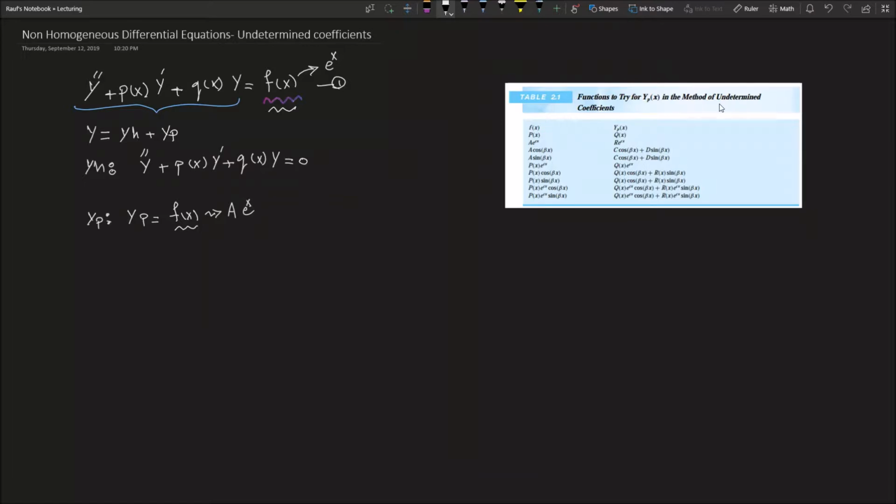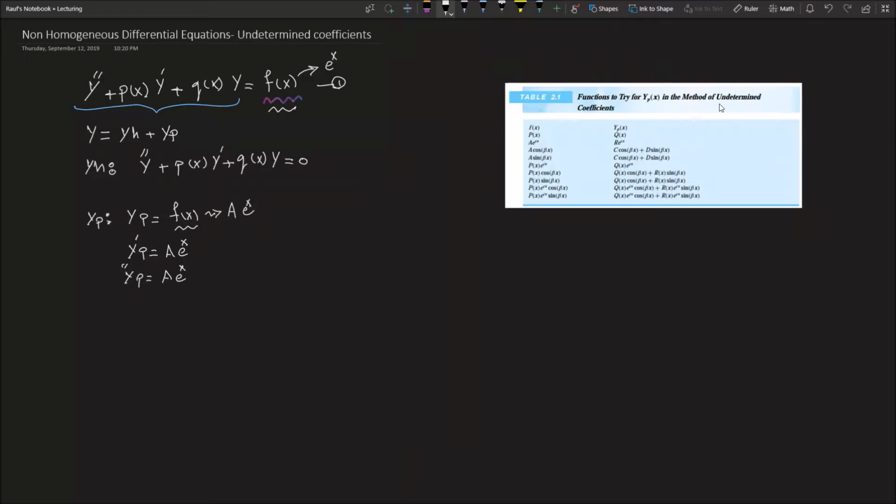Then you will find the first derivative of that term, which is again a multiplied by e to the power of x. Then you find the second derivative of your particular solution, which will be a multiplied by e to the power of x.